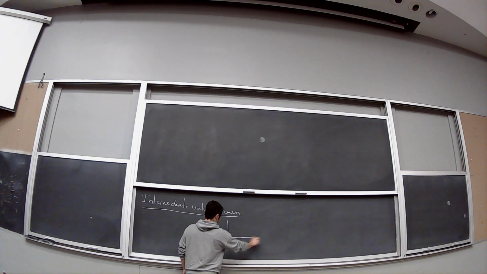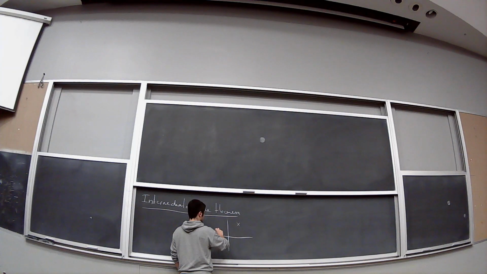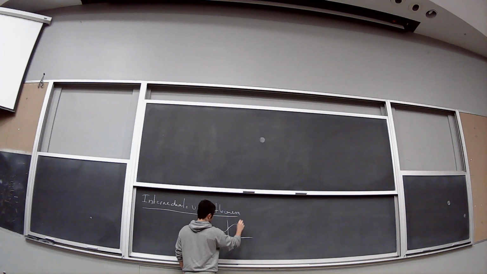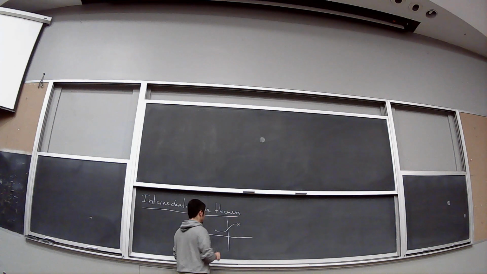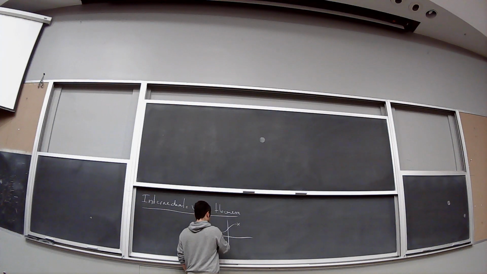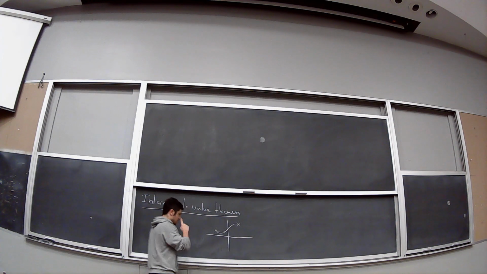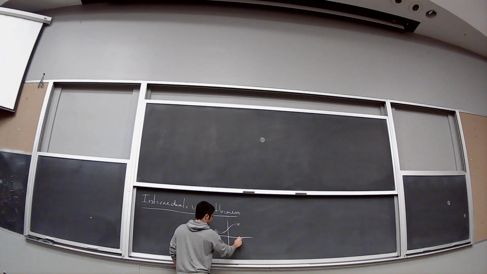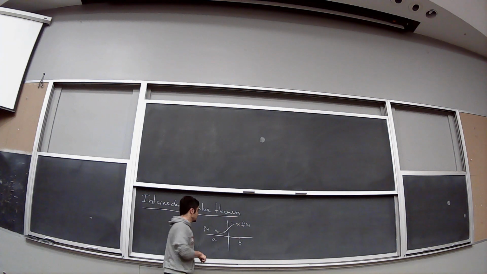Suppose I have a continuous function on this interval. This way. And this is, say, the point A, and this is the point B. This is f of B, and this is f of A.